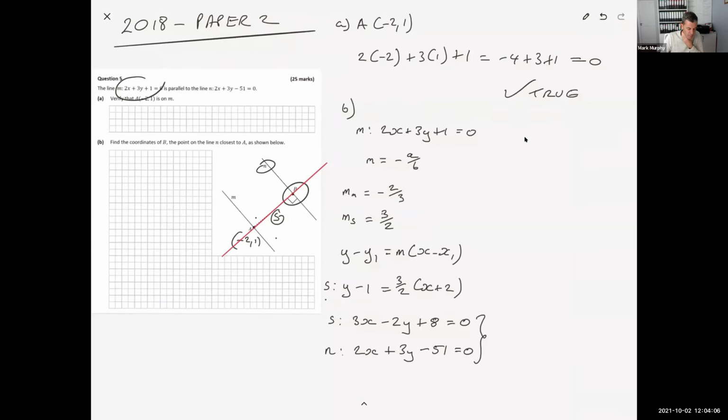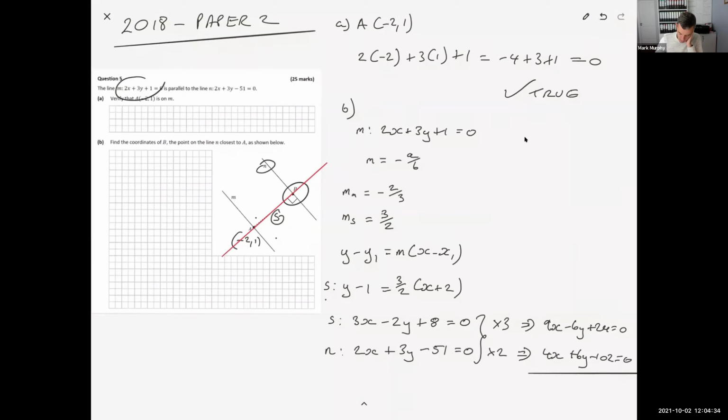And if we solve them by simultaneous equations, it's multiplying this one by 3, multiplying this one by 2. And you get 9x minus 6y plus 24 equals 0. And the second one becomes 4x plus 6y minus 102 equals 0.